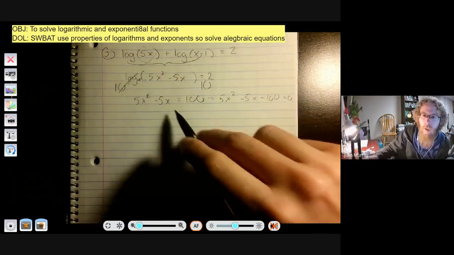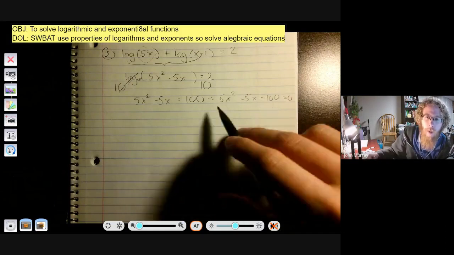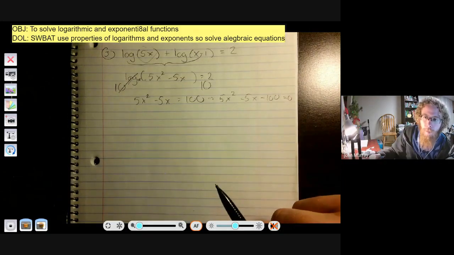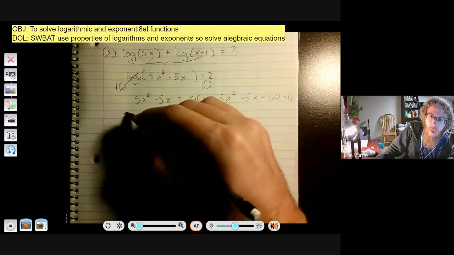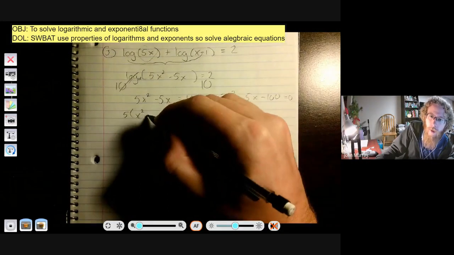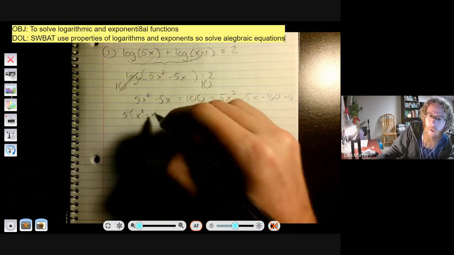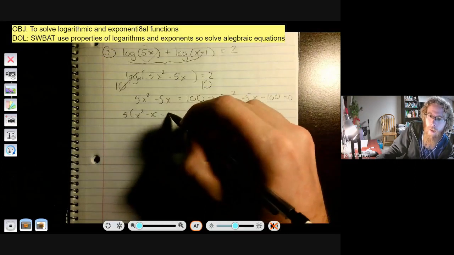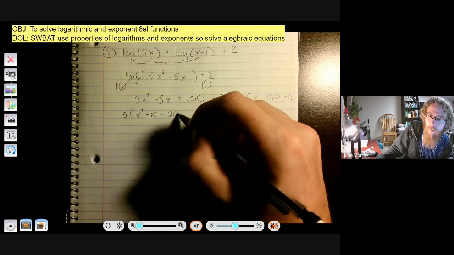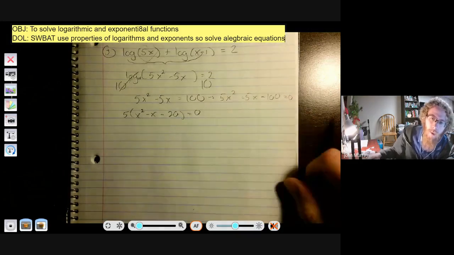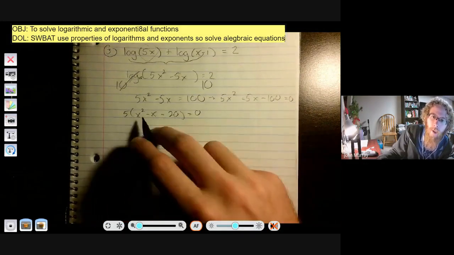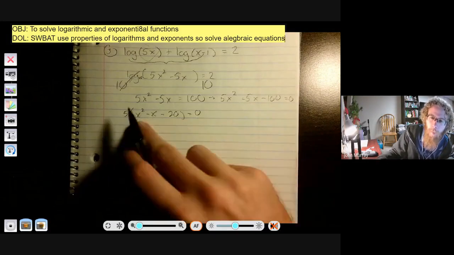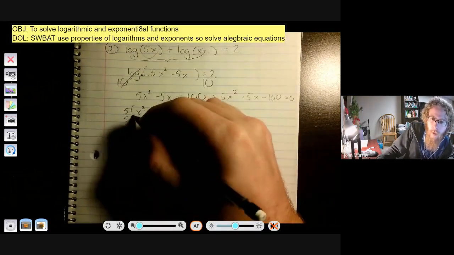I'm going to move that 100 over to the left. So now I have a quadratic equation. They all have a factor of 5, so I'm going to pull that out to make things easier for us. Now I can use the quadratic formula, but this is factorable.